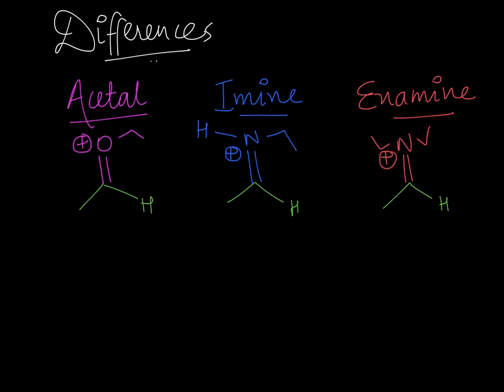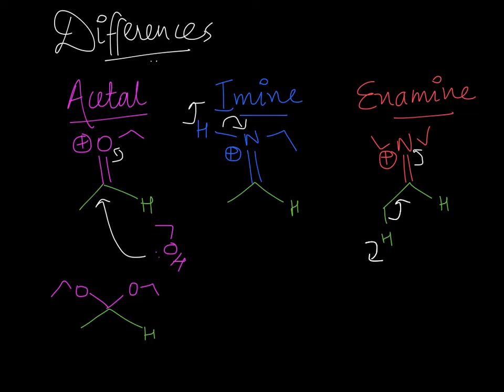Well, for an acetal formation, when you reach this stage, in order to alleviate that positive charge, you attack with another alcohol. For an imine, though, you've got an extra proton there, so you can just alleviate the charge by deprotonation. And finally, for an enamine, you actually have this alpha hydrogen, which you get rid of to alleviate that positive charge.